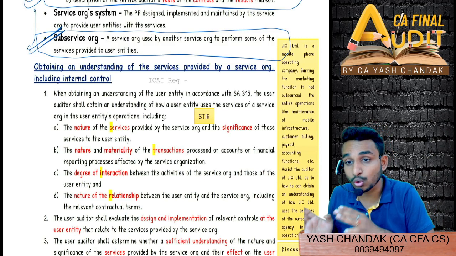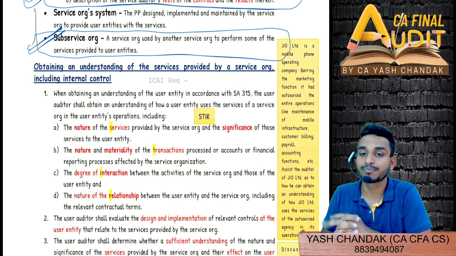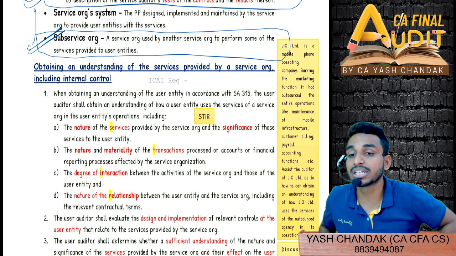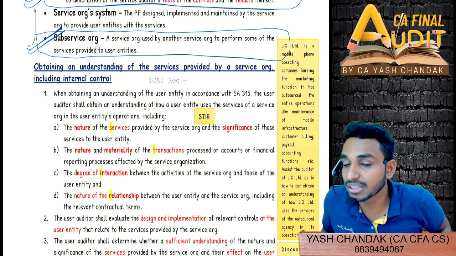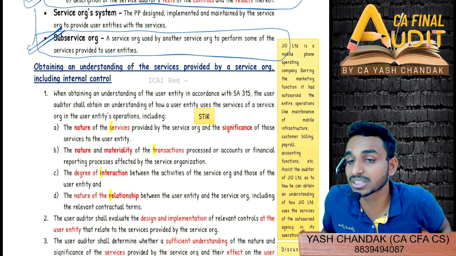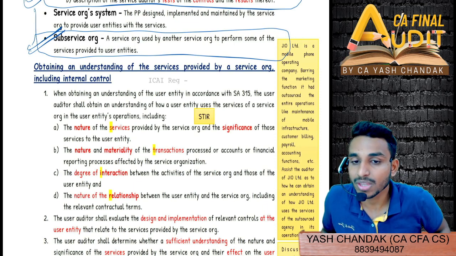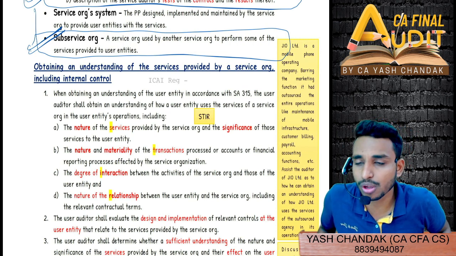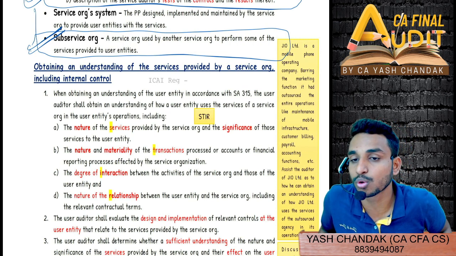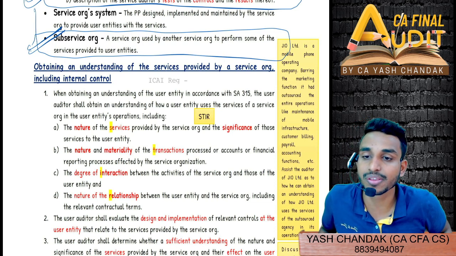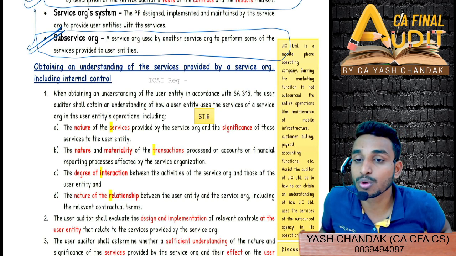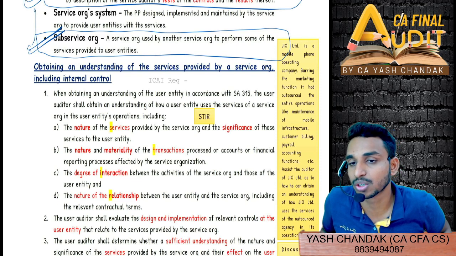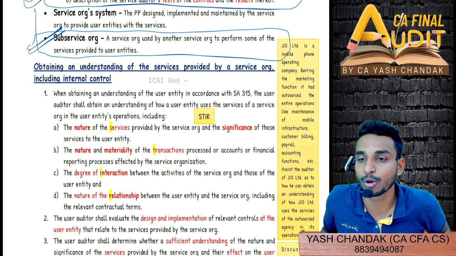But we check control existence in SA 315. What all controls are there for us to determine control risk? Even after these controls, how much control risk can we assess? Similarly here, in type 1 you will just get to know about the controls which are there and also the opinion on the controls through the service auditor's report. However, we need to also check operating effectiveness of internal control, and for that matter type 2 report can also be obtained.